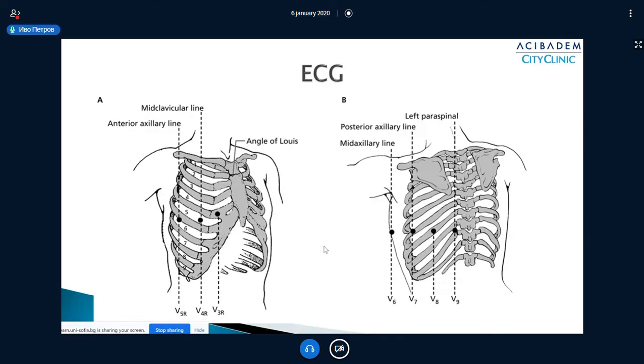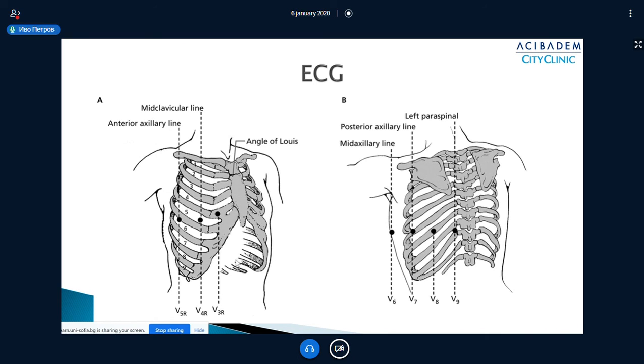So on the left part of the thorax, but behind, on the back, are V7, V8, V9. These are the left back leads of the ECG.